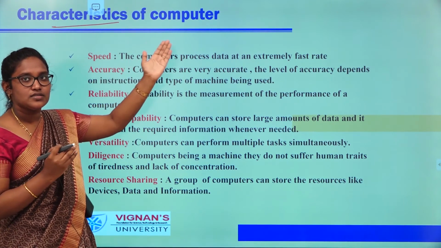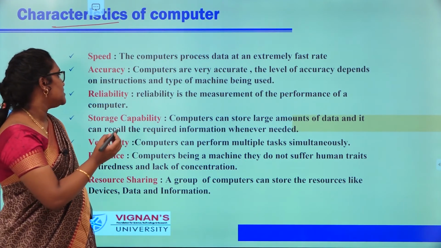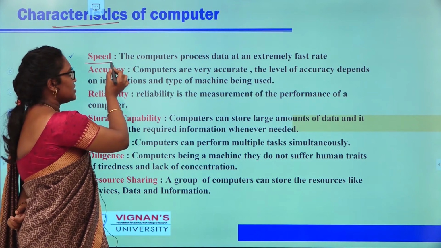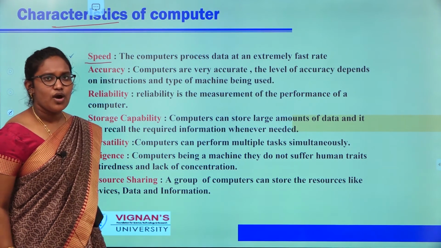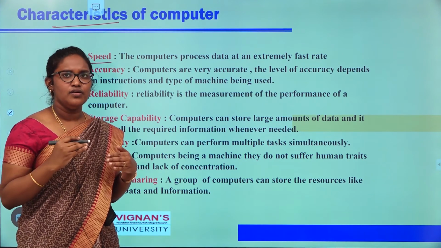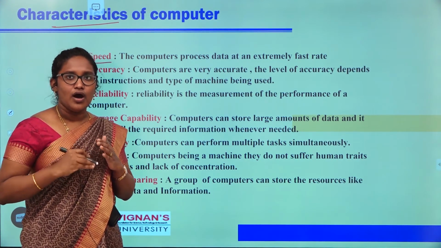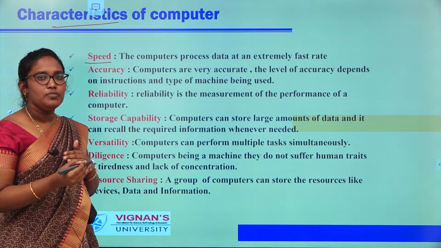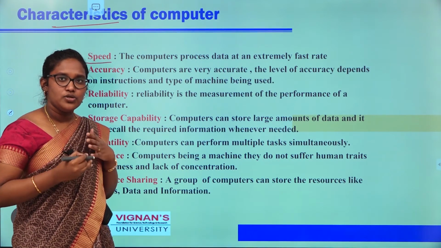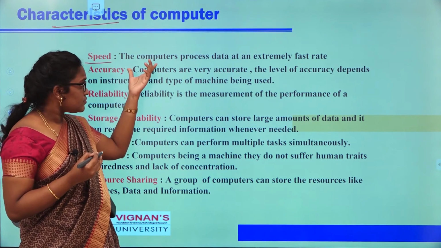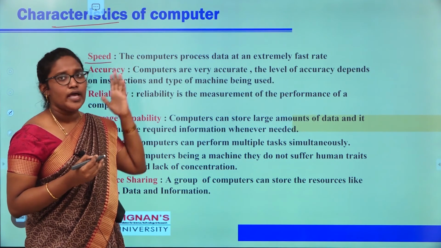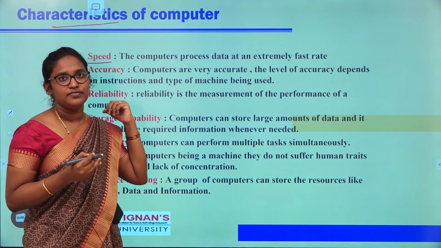Similarly, the characteristics of computers consist of, first characteristic is speed. As we all know, whenever we are doing calculations in a calculator or a computer, compared to a human being, we can expect the computer to work at an extremely fast rate.